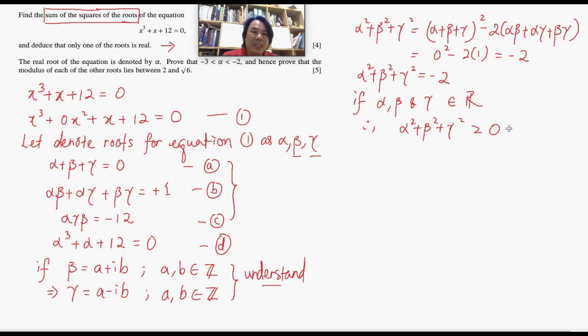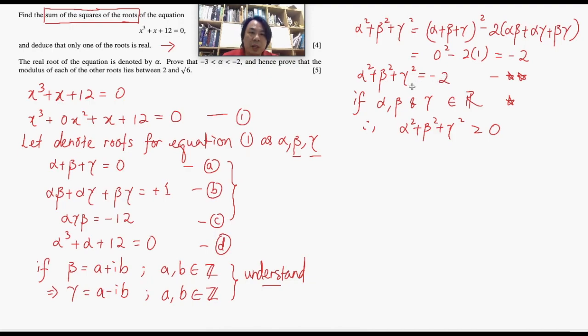But this condition contradicts this finding that we have, which is negative 2.